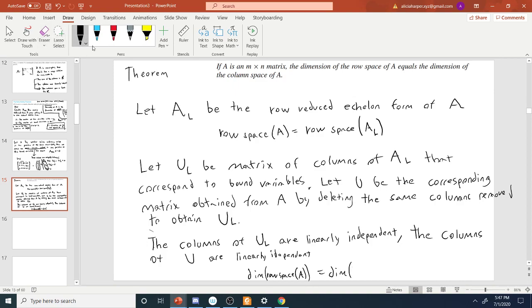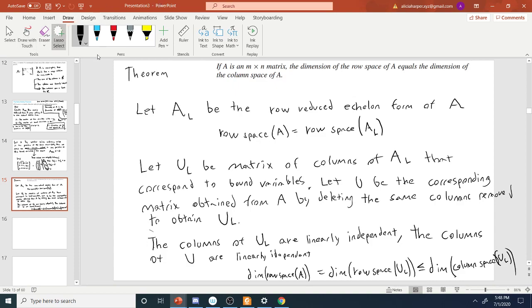The dimension of the row space of A is equal to the dimension of the row space of UL, which in turn is less than or equal to the dimension of the column space of UL.